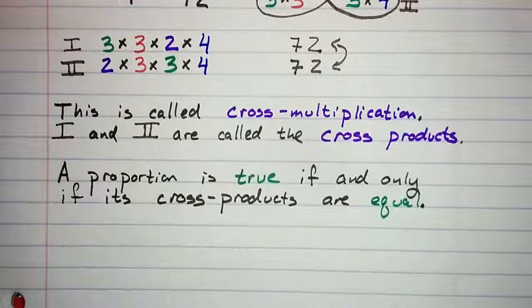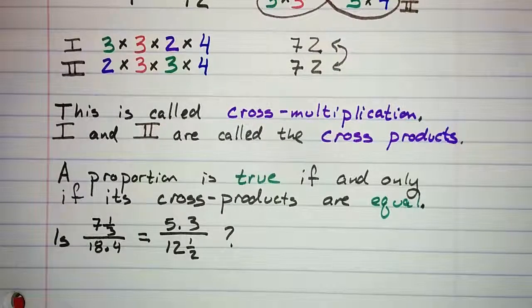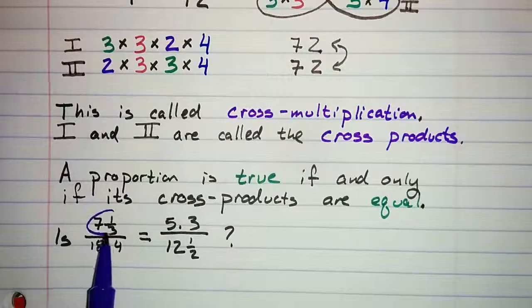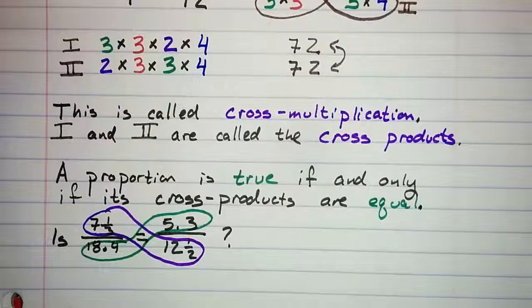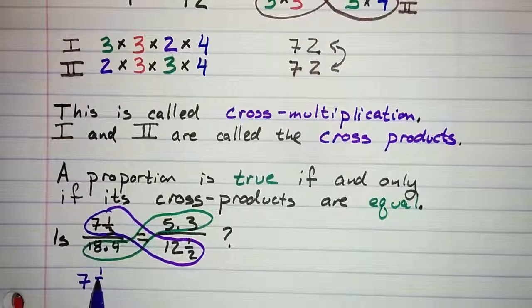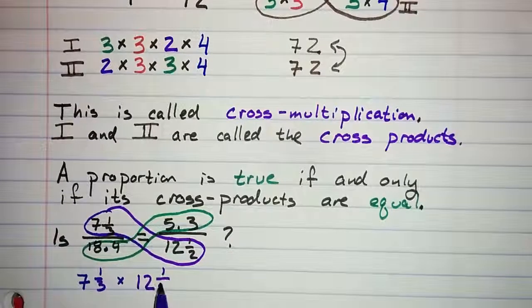So let's look at that unpleasant proportion we had before again. Is 7 1/3 over 18.4 equal to 5.3 over 12.5? Well, we'll compute the cross products and we'll look at them and see, are they equal? So the first cross product, we have 7 1/3 times 12 1/2.